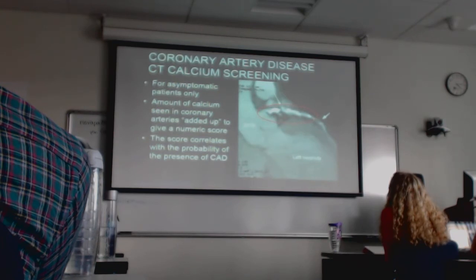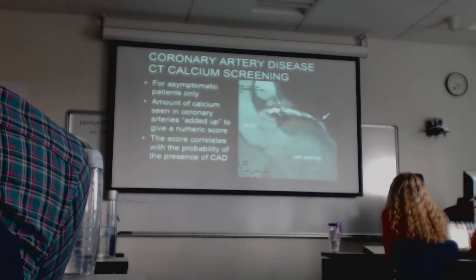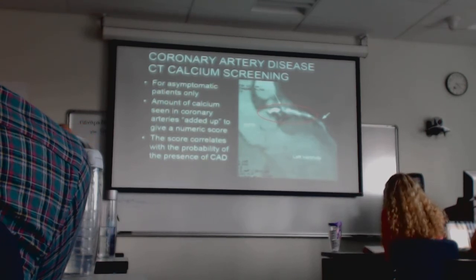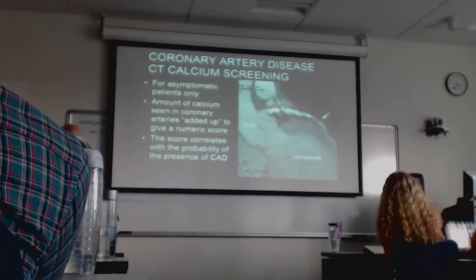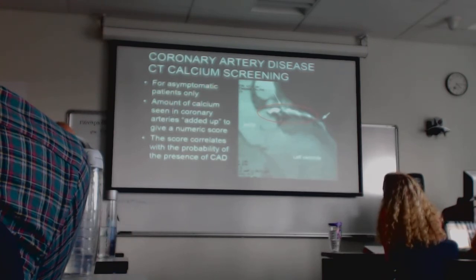One of the ways we actually can use CT, CAT scan, to predict whether people will have a coronary event in the future is to actually measure the amount of calcium in the blood vessels.